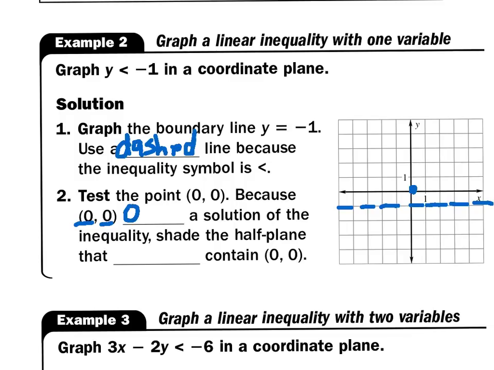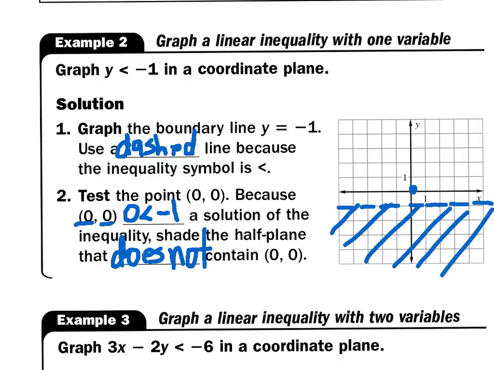So 0 is less than -1. Is that true? No, that's not true. So we're going to shade the half plane that does not contain the point 0, 0.